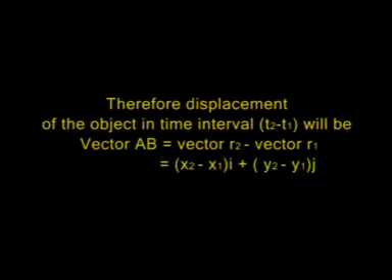Therefore, the displacement of the object in the time interval t2 minus t1, vector AB, is equal to vector r2 minus vector r1, which is equal to (x2 minus x1) i plus (y2 minus y1) j.